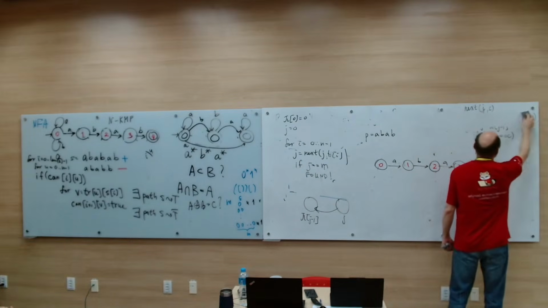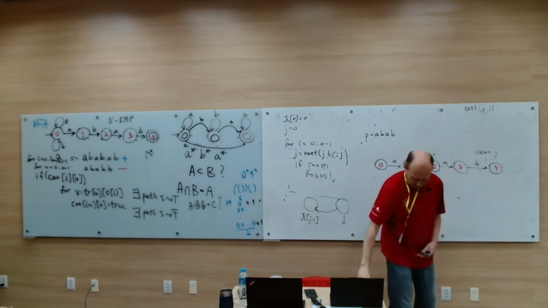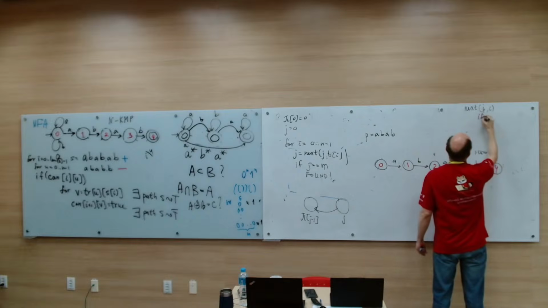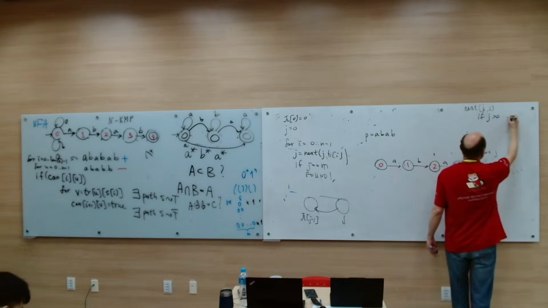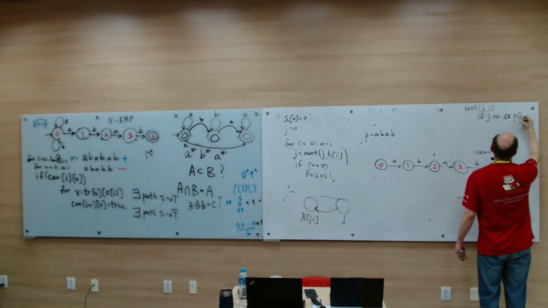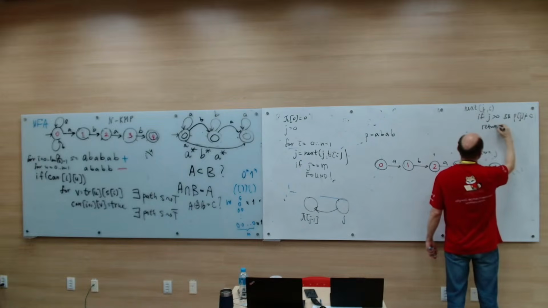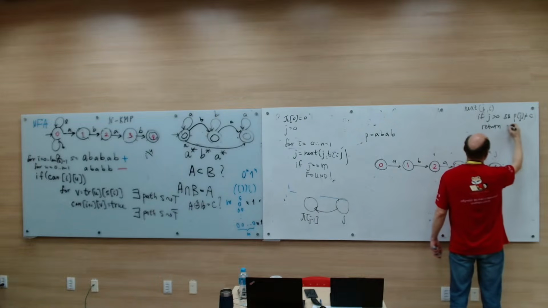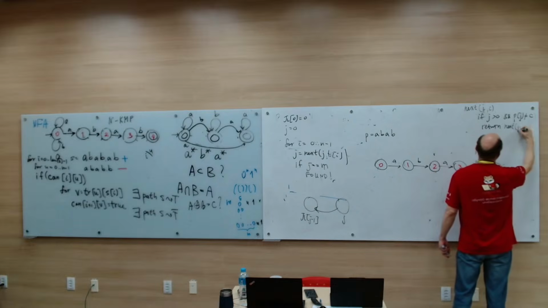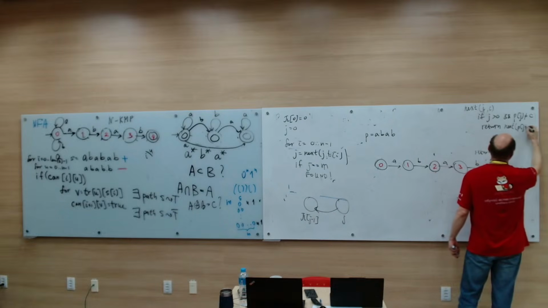So, if j is greater than 0 and p of j not equal to c, return next of pi of j minus 1, c.